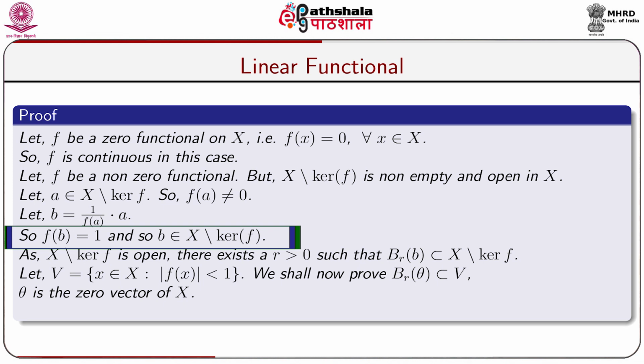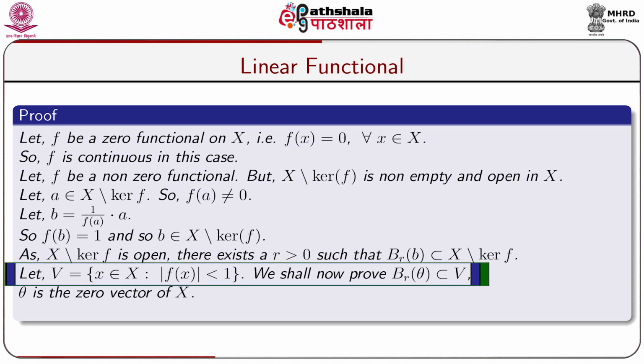As X minus kernel of f is open, there exists an r greater than 0 such that the open ball centered at b with radius r is within X minus kernel f. So, the neighborhood of b is within X minus kernel f, an open set, and all the points are interior points of X minus kernel f, and b is an interior point.